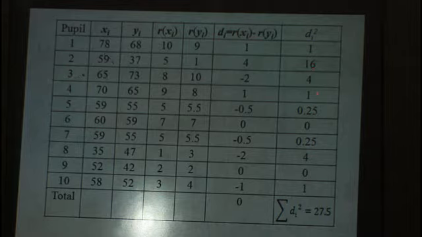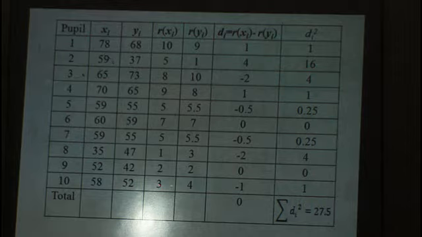This is followed up to the last one, that's the 10th student in the case of the raw data recorded. The 10th student scored 58 in mathematics, and it was ranked 3rd.